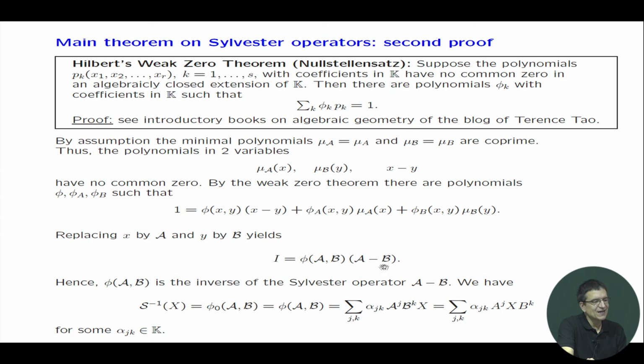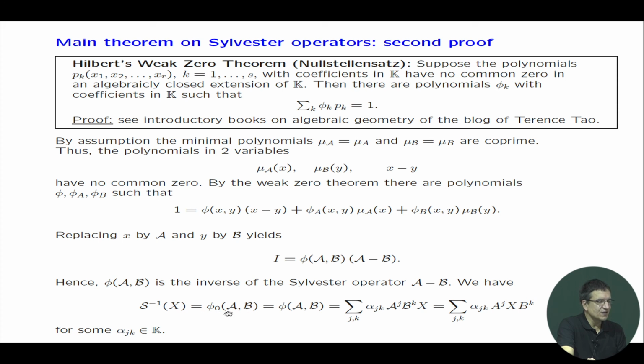So we get this nice relation, and here this phi is a polynomial in A and B. If we multiply it with our difference, which is the Sylvester operator, we get the identity. So this phi of script A and script B is the inverse of our Sylvester operator, and it's a polynomial.